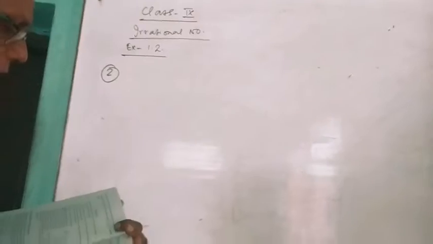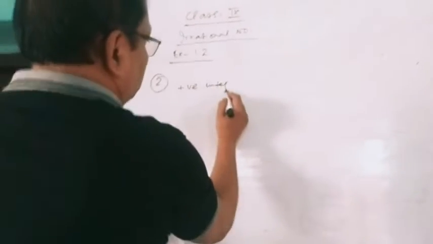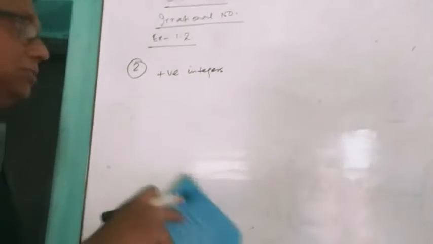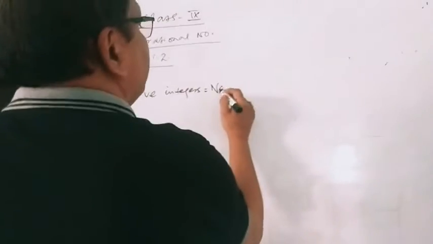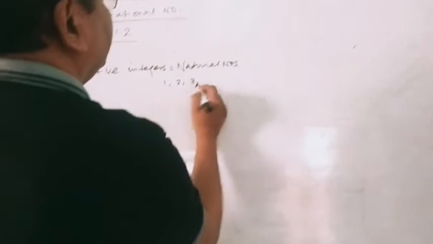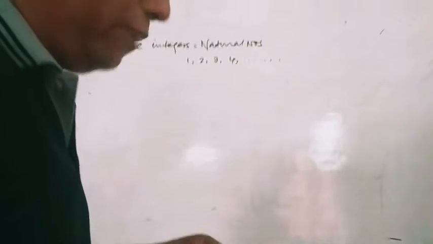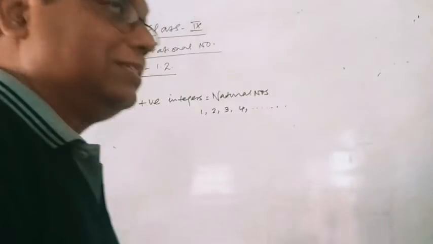Remember, positive integers. What are the positive integers? Positive integers simply means natural numbers that start from 1, 2, 3, 4, likewise up to infinity. Now the question is, are the square roots of all the positive integers irrational?